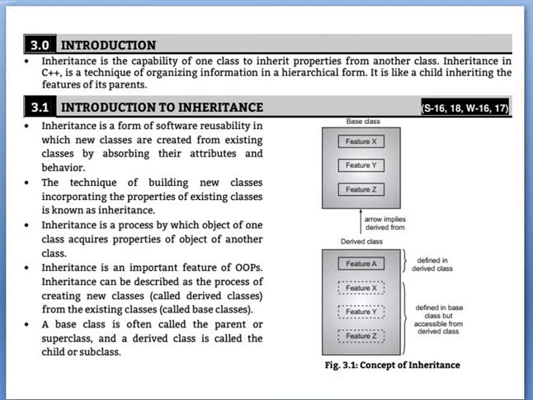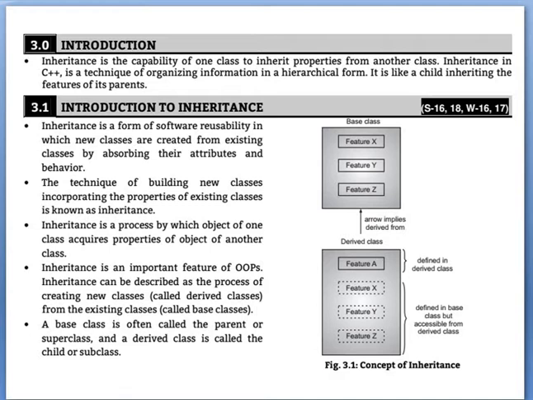Inheritance is a form of software reusability in which new classes are created from existing classes by absorbing their attributes and behavior. We know that in object oriented programming and in C++ we have a class. That class contains data members and member functions.